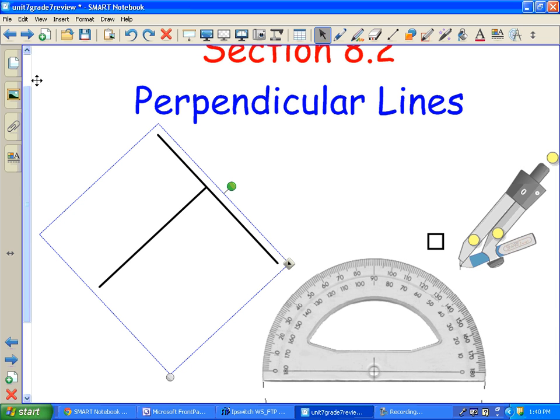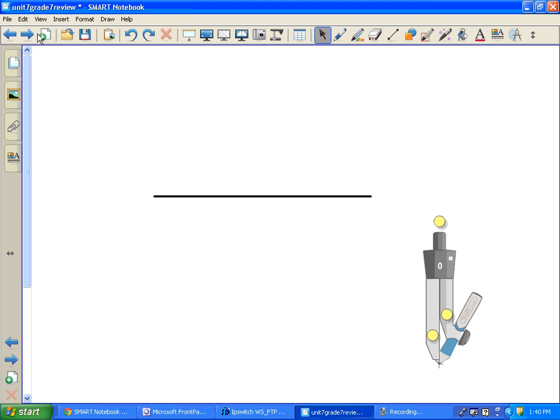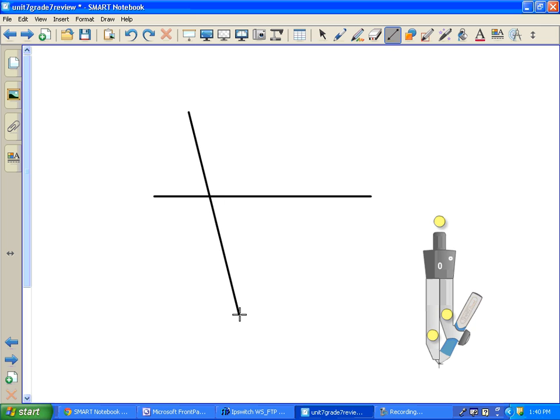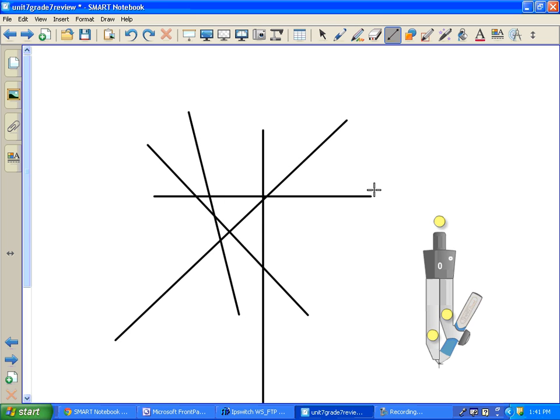You can make a whole lot of lines. So I could make, let me see, just throw a bunch in. There, there, there, there, there, and there. And then I could ask you, can you tell me which lines are perpendicular lines?